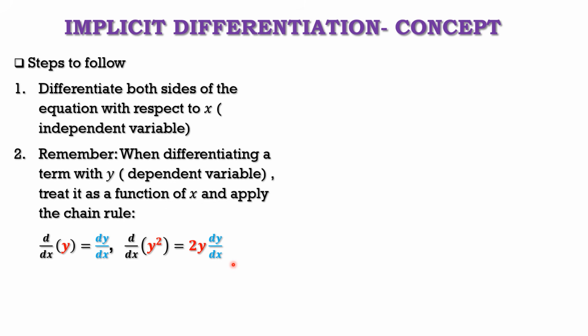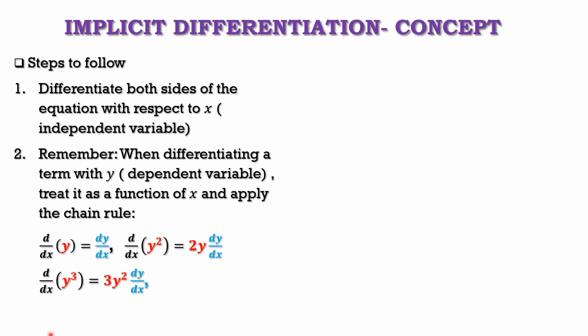Here, we just need to apply the power rule of differentiation and also multiply the result by dy/dx. And we can also try another example: differentiating y raised to the power 3.